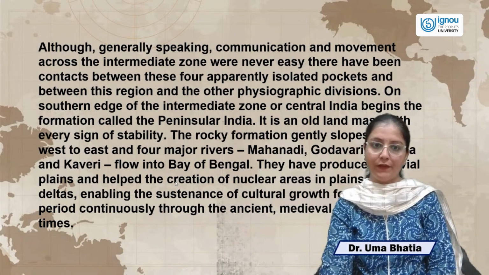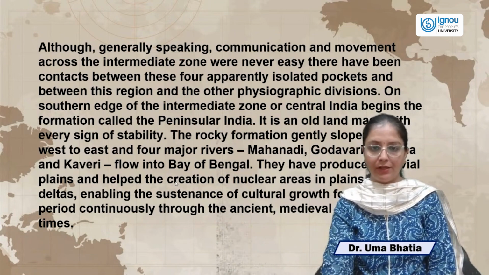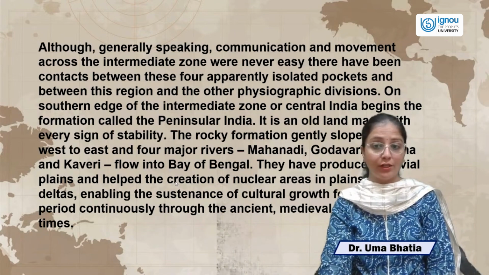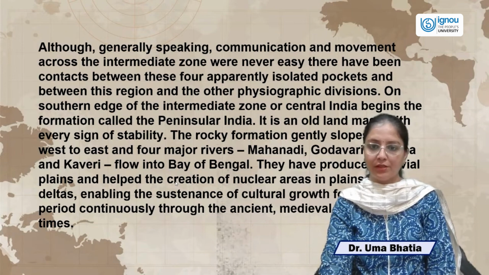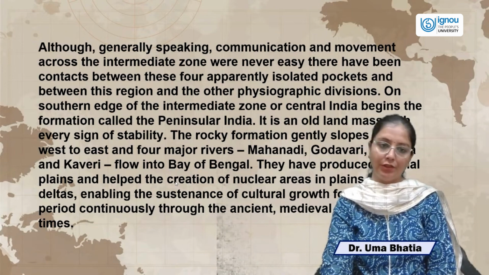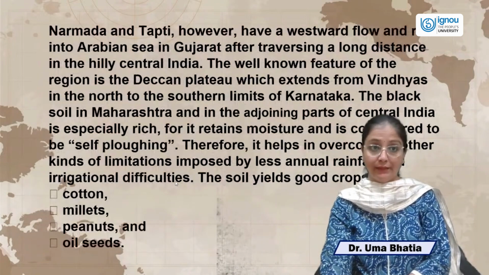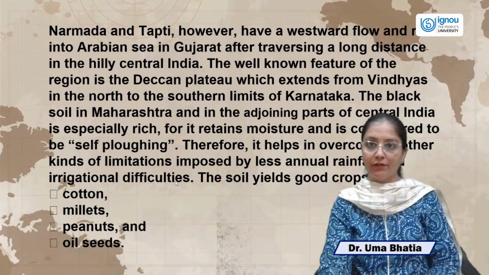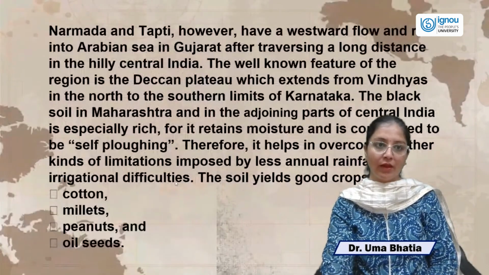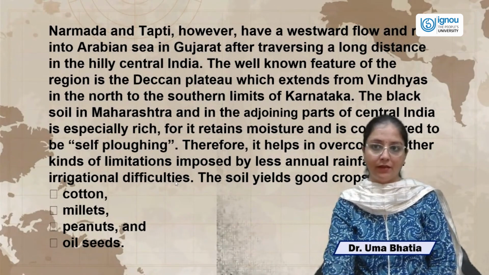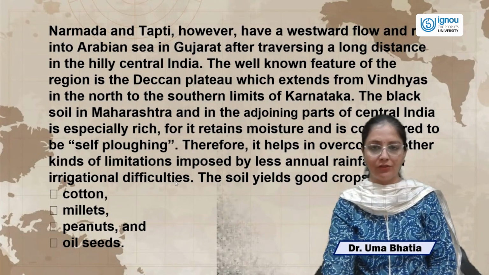On the southern edge of the intermediate zone or Central India begins the formation called peninsular India. The rocky formation gently slopes from west to east. Four major rivers, Mahanadi, Godavari, Krishna, and Kaveri, flow into the Bay of Bengal. Narmada and Tapti, however, have a westward flow and run into the Arabian Sea in Gujarat after traversing a long distance in hilly Central India.